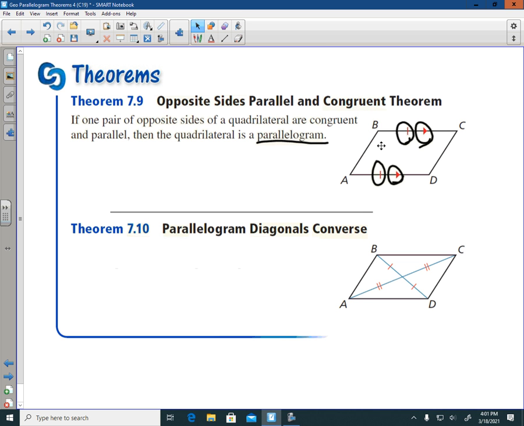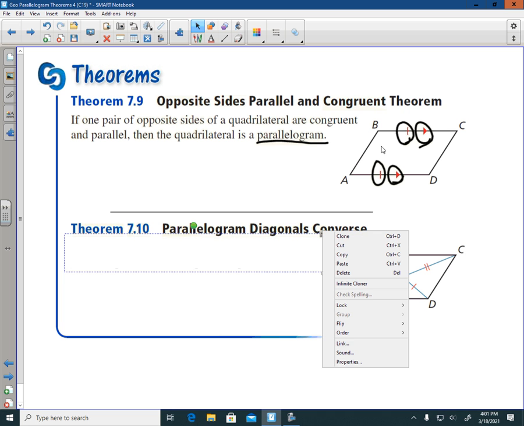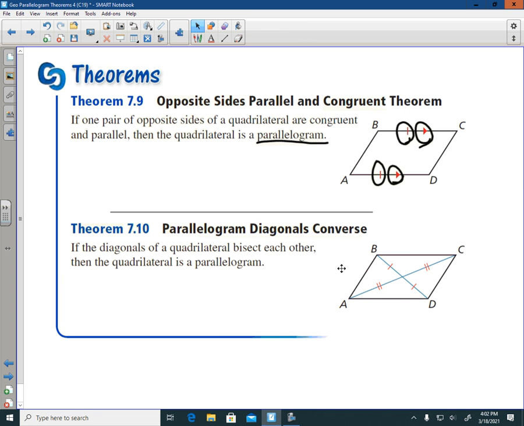This is just true. We can take this idea and turn it around, or state its converse, and we get another way to tell if a quadrilateral is a parallelogram. If the diagonals of a quadrilateral bisect each other, then the quadrilateral is a parallelogram.